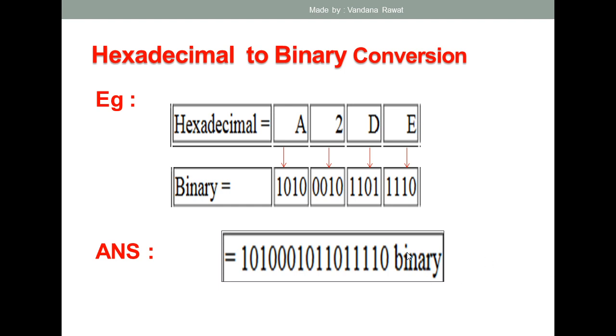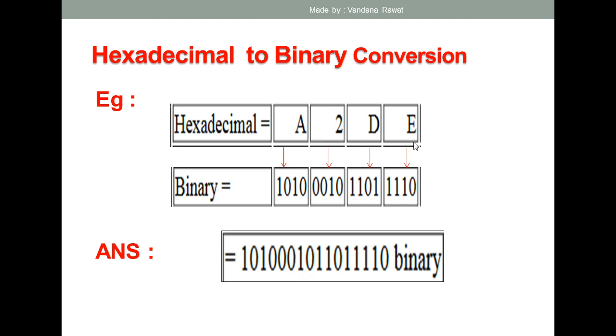You just combine all these numbers, so your answer will be 1010 0010 1101 1110. So this is the binary equivalent of this hexadecimal number, that is capital A2DE.